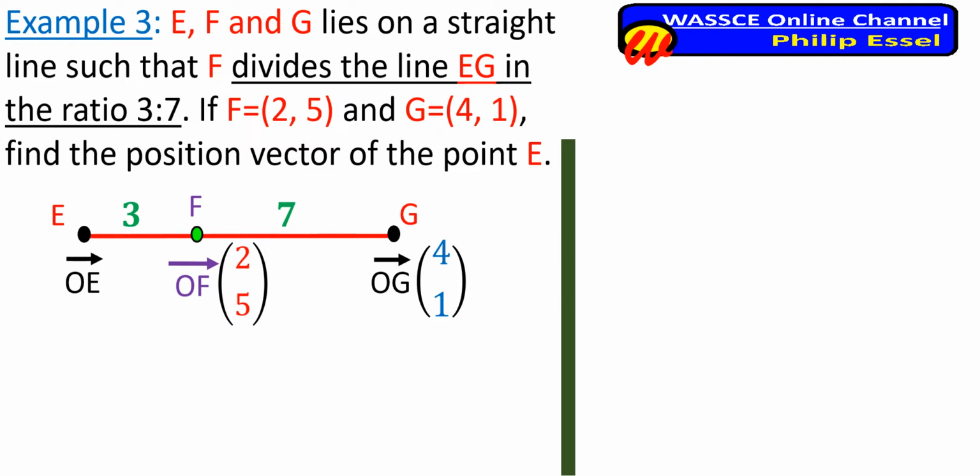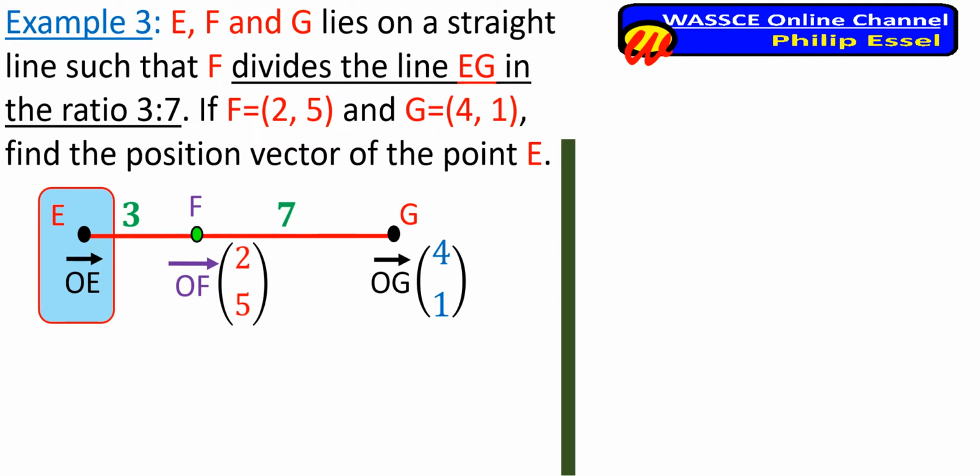In this question, we are finding the position vector of the point E. We are not looking for the point F that divides the line segment into those ratios given to us, but rather we are finding the position vector E. But let's remember that the same formula would apply here.